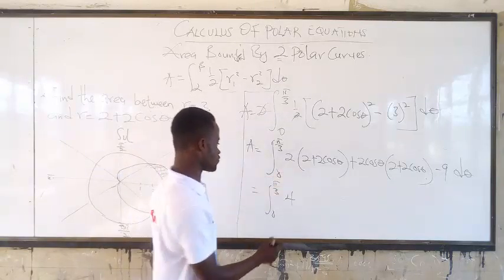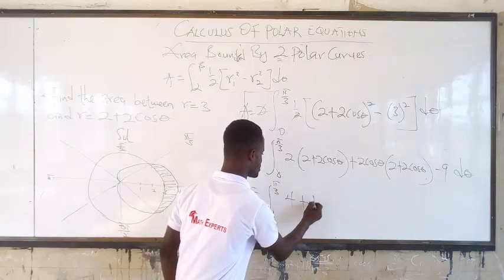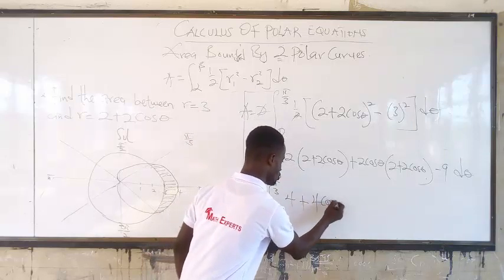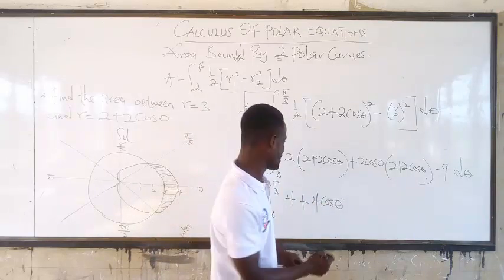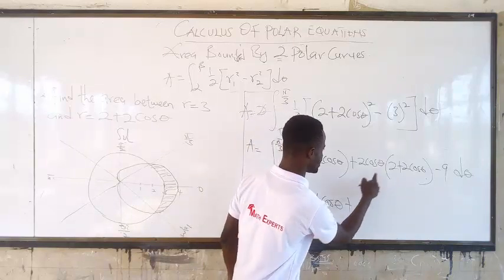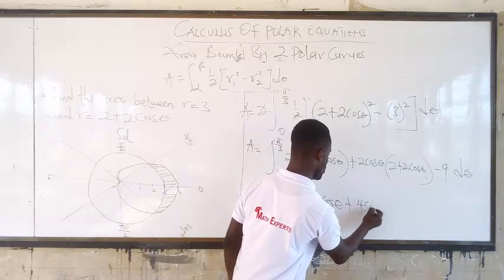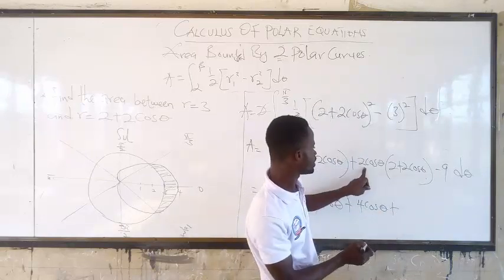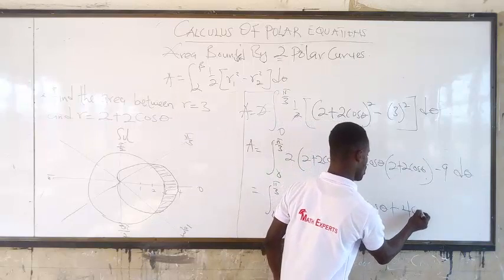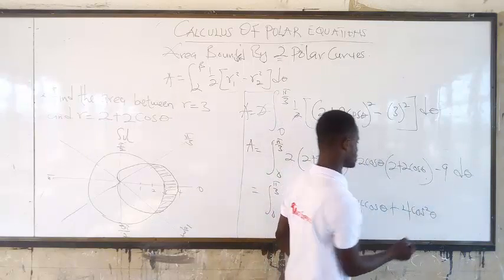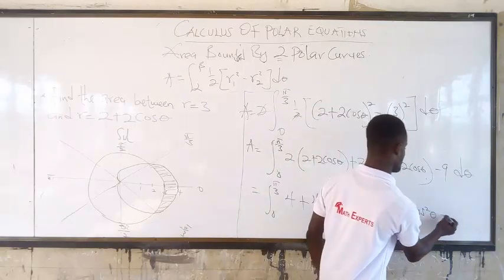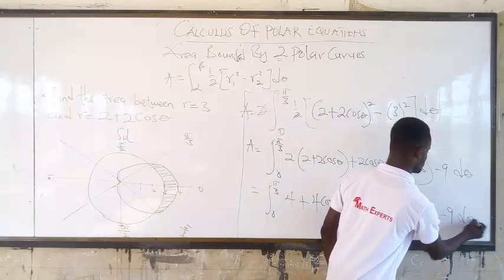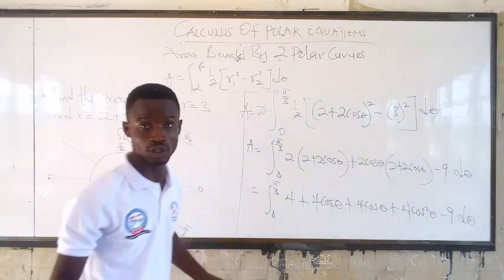So this and this is 4, plus this and this is 4 cos theta, plus this and this is 4 cos square theta, minus 9 d theta. Beautiful, beautiful.